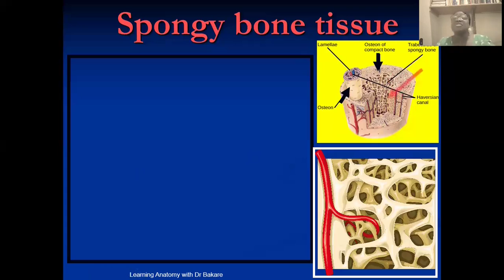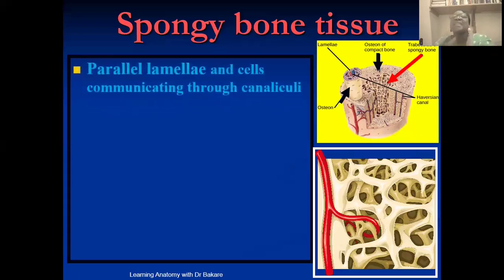So if you go to the central region, you have the spongy bone that is also referred to as the cancellous bone. This bone is seen to be loosely packed, and this is why you see a number of spaces within it. This is also the basis behind this bone being soft. So this bone is seen to contain lamellae as a microscopic feature.